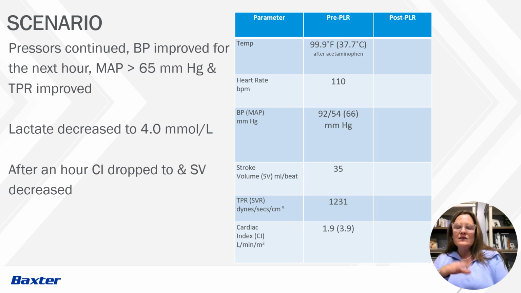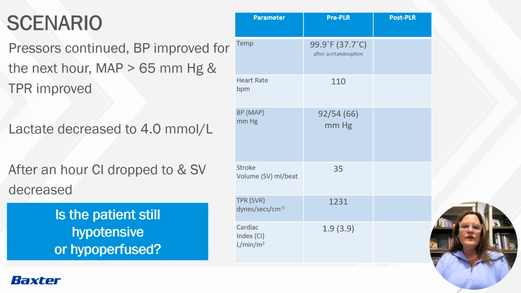And I think I see what's happened here in our good efforts to try to improve perfusion by increasing blood pressure. Sometimes we have some other effects, right? So as we constrict, it causes difficulty for that heart to pump. All right, but our question is: is this patient hypotensive or hypoperfused? And my answer would be yes, right?